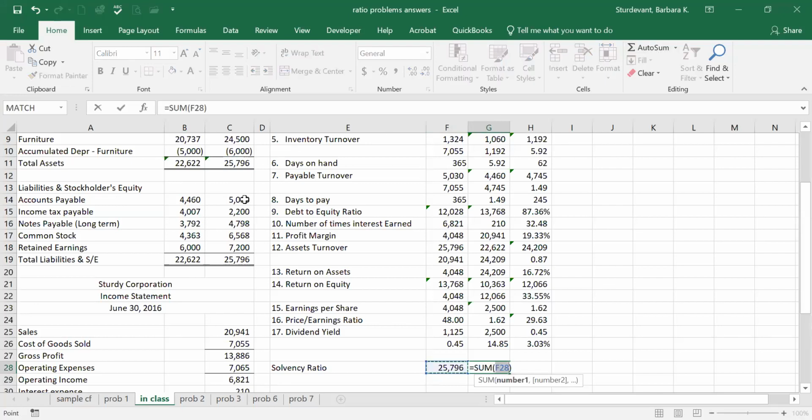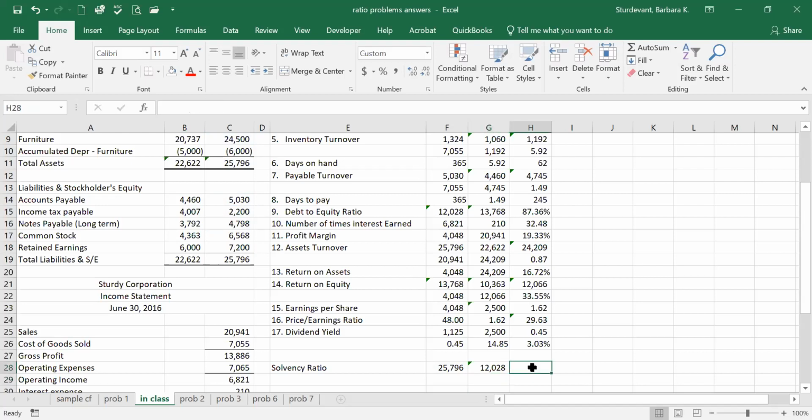So I'm going to take the sum of these three: accounts payable, income tax payable, and notes payable. Okay. So there's my total liabilities, and then you just divide.